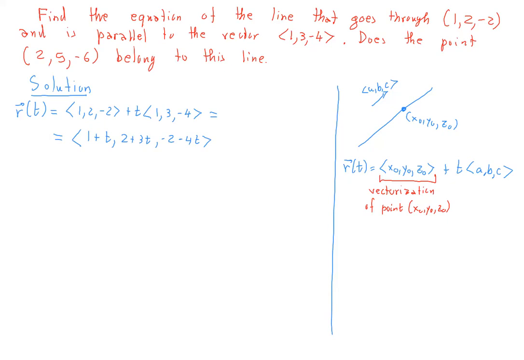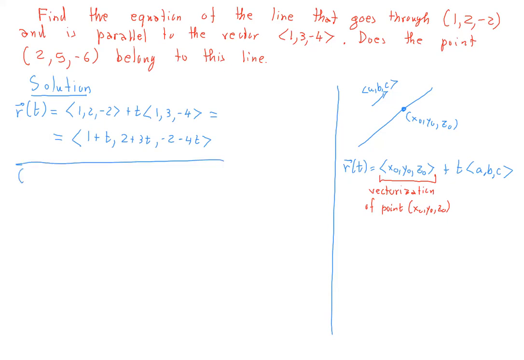And now we want to ask, in order to understand how this works, does this specific point that I gave you, (2, 5, -6), belong to the line? What should happen for this point to belong to the line?